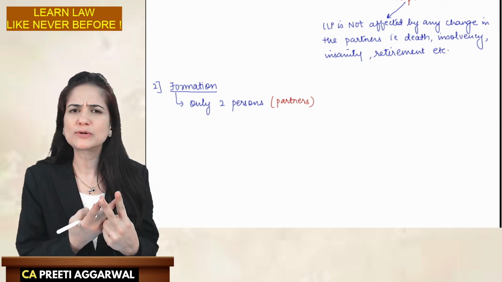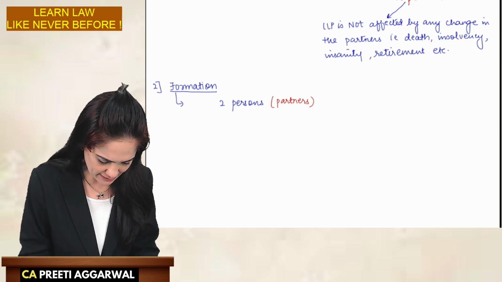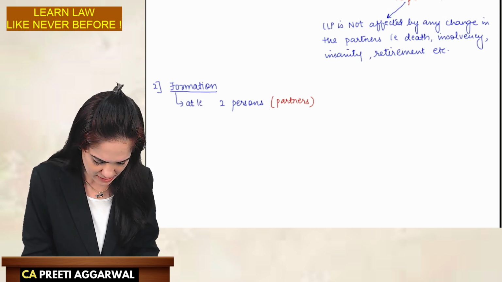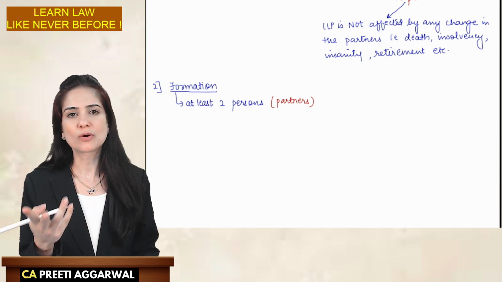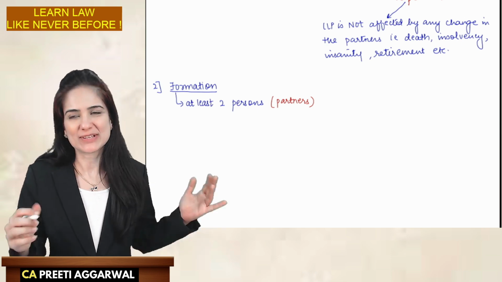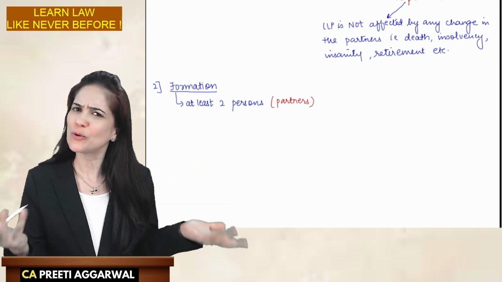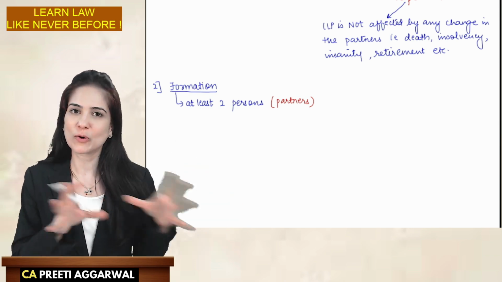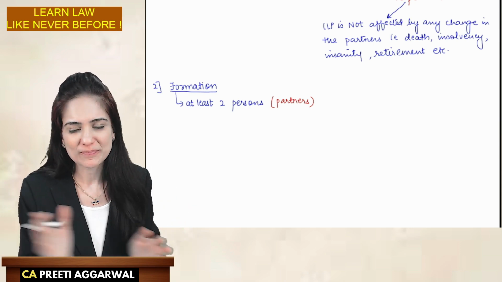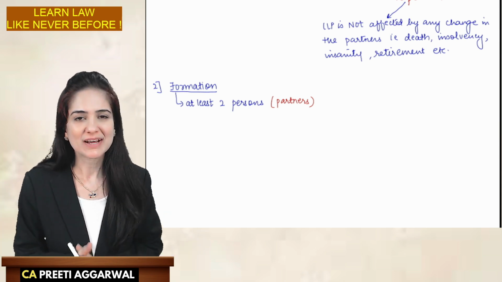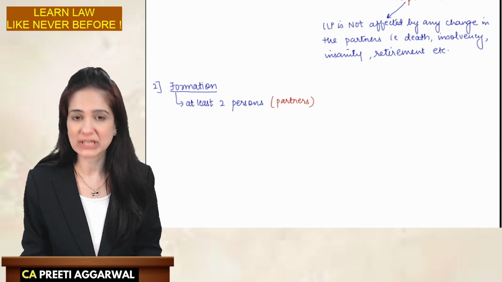So, formation is at least two persons. Only means, yeah, we need only two persons. That's an advantage. Only two persons required. In public company, you need seven. Here, you need only two. But yes, if I say only two, it doesn't mean that you cannot have three or four. So it is better to write at least two persons. And these persons are known as partners.